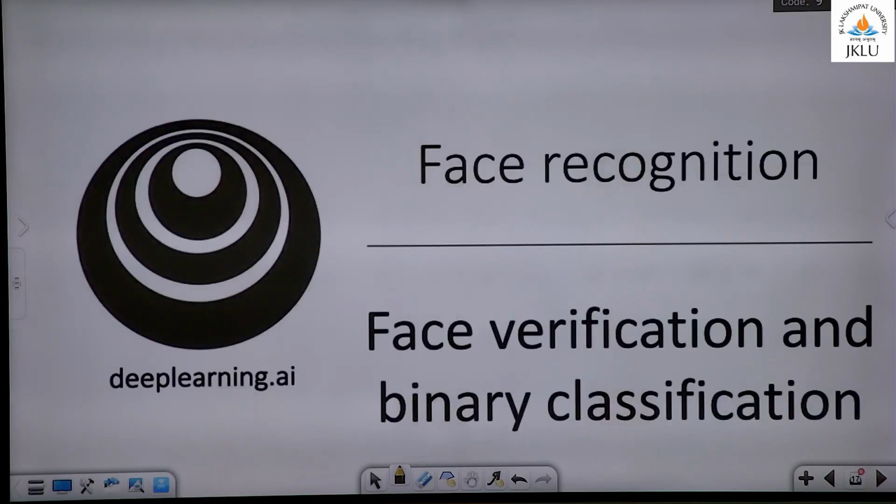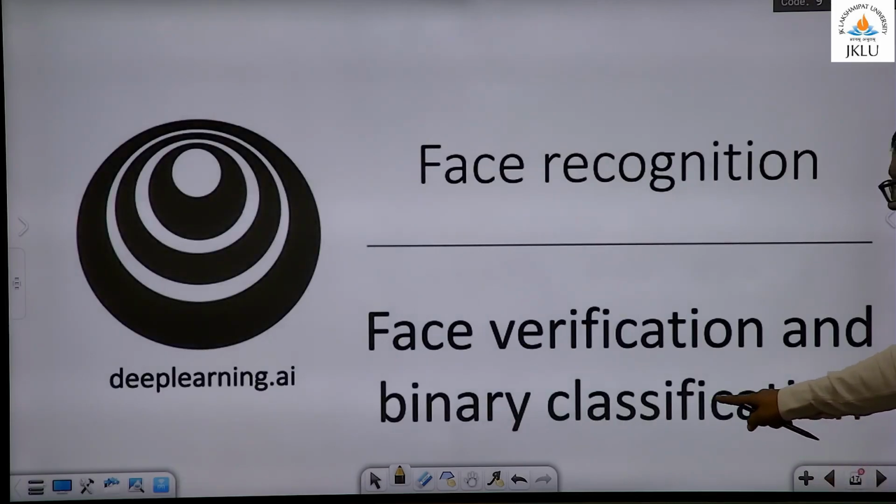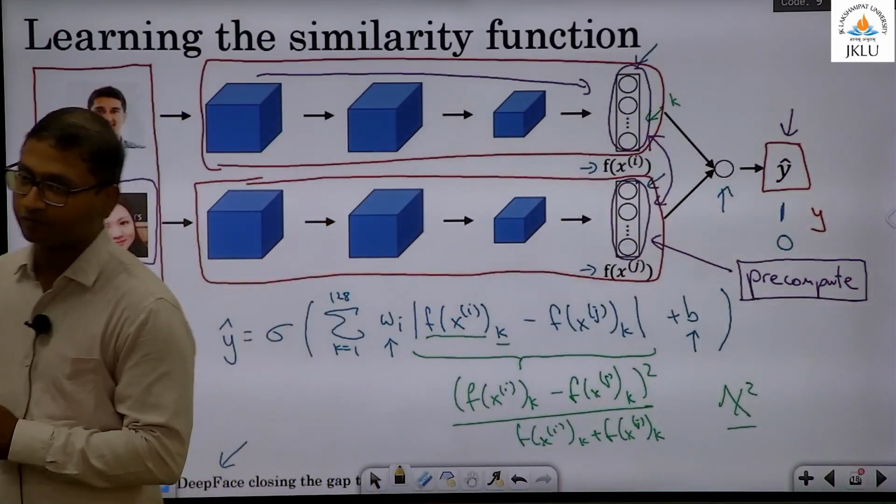Okay. Now what happens in this case? Or can you think of something else for binary classification and face verification? This is well within our boundaries we can think of.